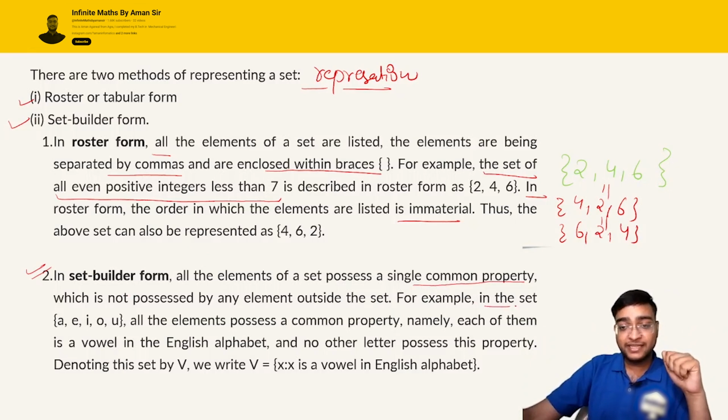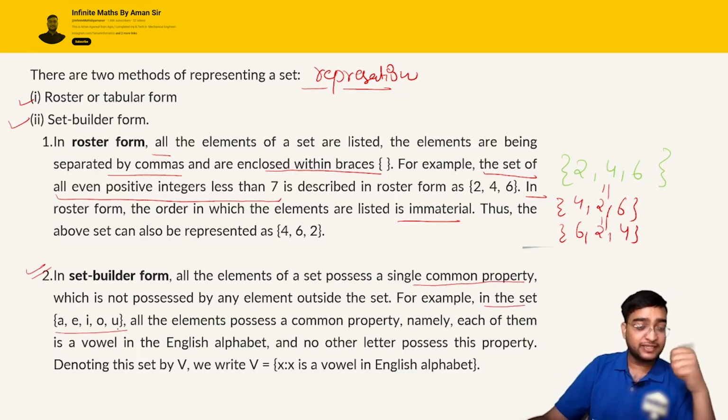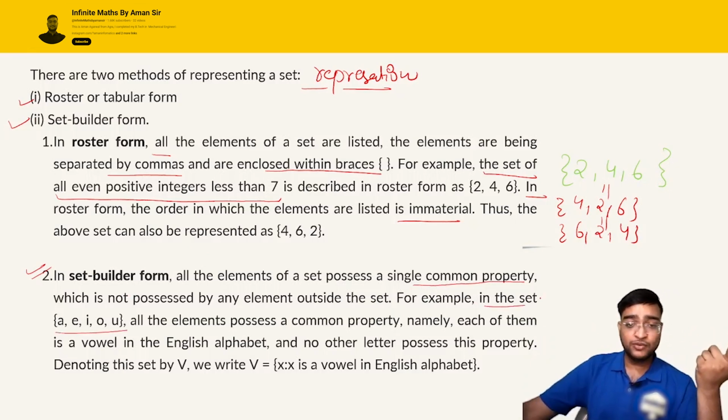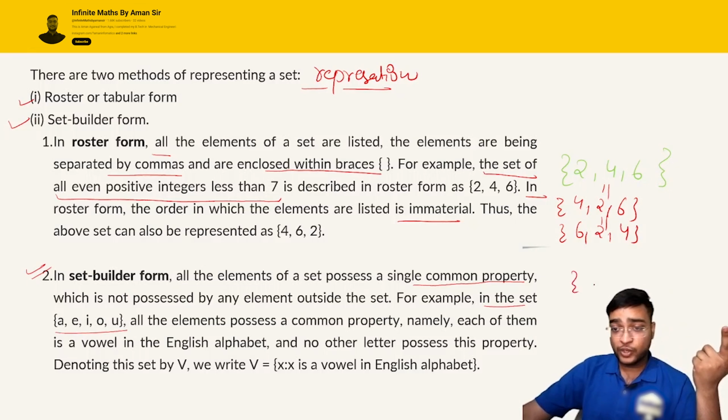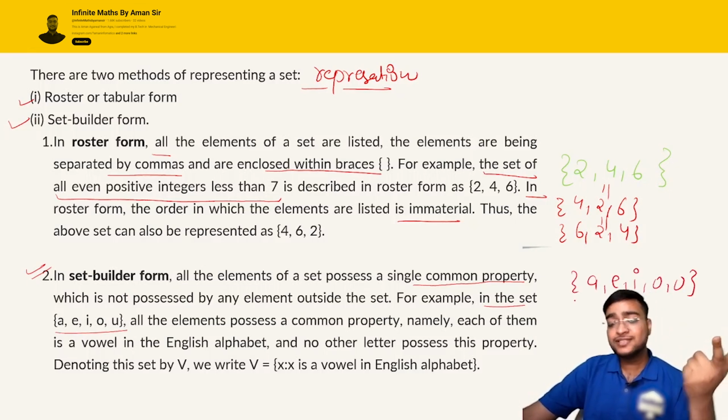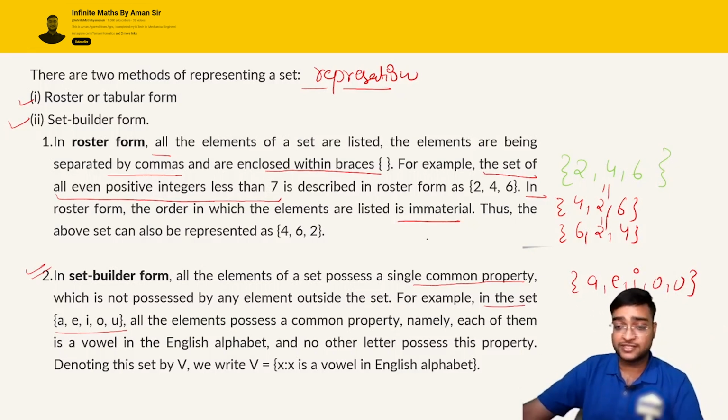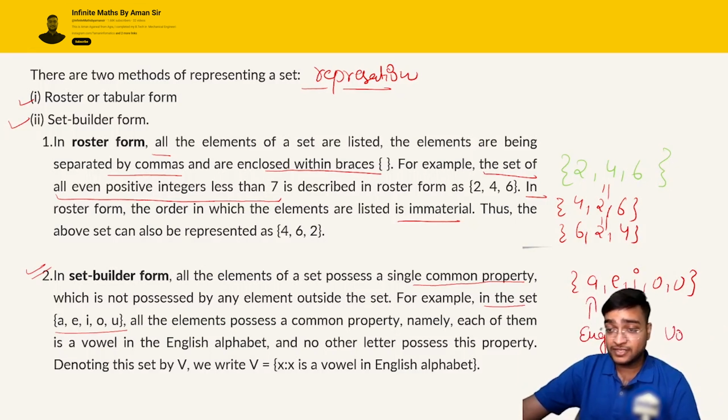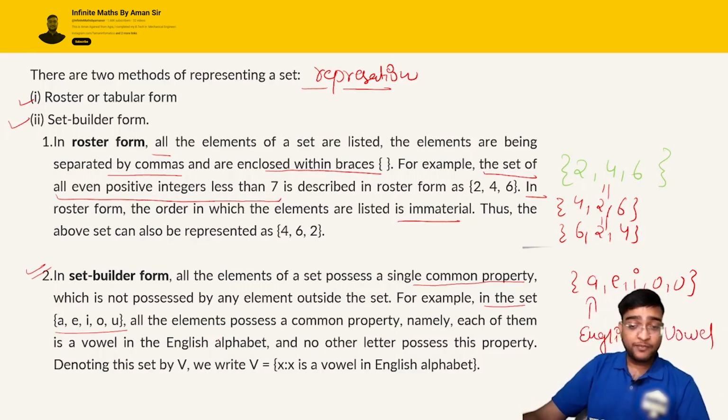For example, in the roster form, suppose we have A, E, I, O, U. If I ask what is the common property of all these objects, you can say these are the English vowels.